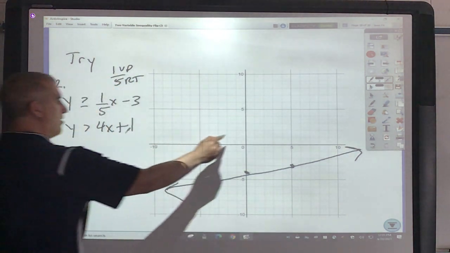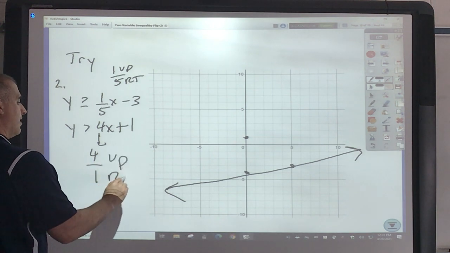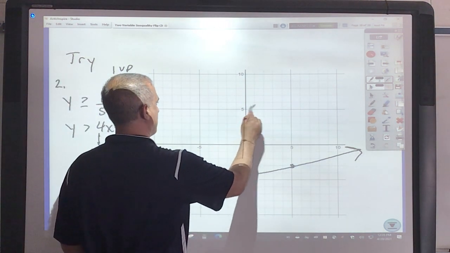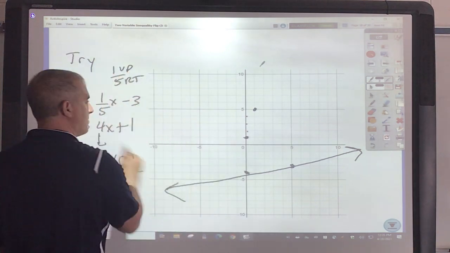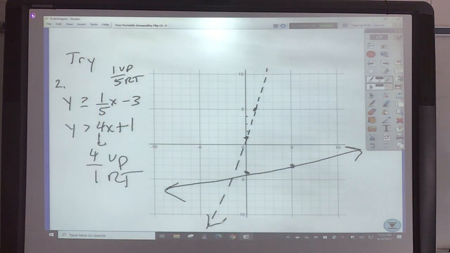This one I would start at 1. This means 4 over 1, 4 up, 1 right. 1, 2, 3, 4, 1 right. This would be a dashed line.